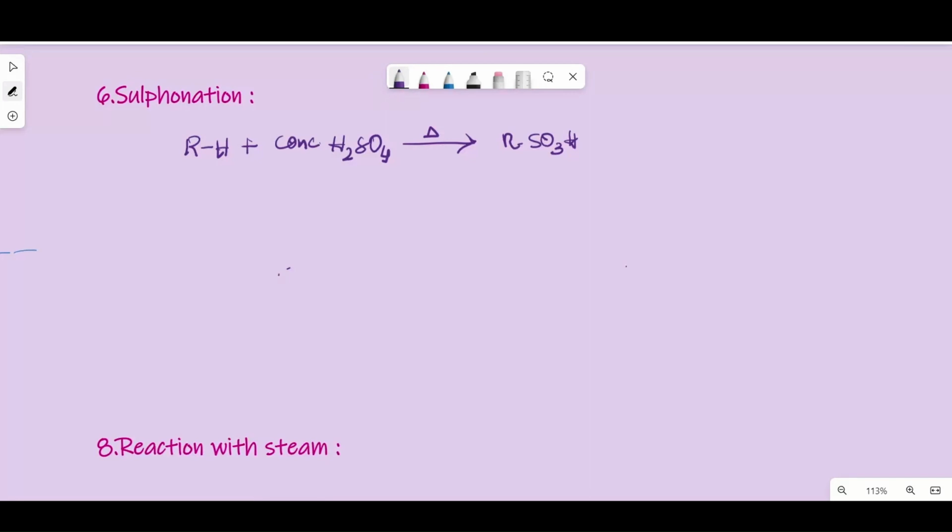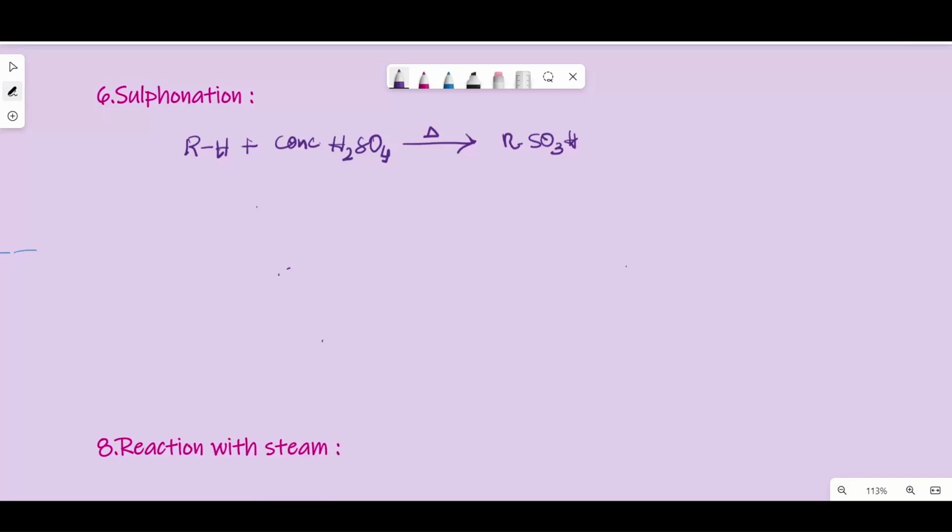Here, carbon-carbon bond cleavage may not occur. If you have different types of carbons, like primary and secondary in that alkane, you will get these products in comparable amounts.